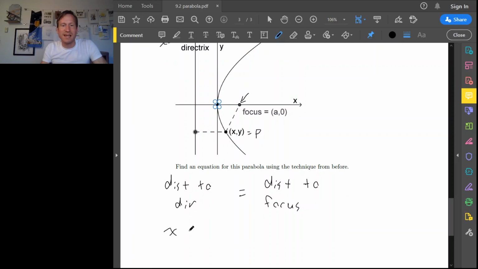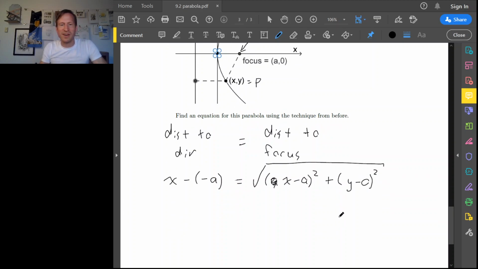So that's going to be x minus the x coordinate at the directrix, which is minus a. And now we can set that equal to the distance from P to the focus, and that's, again, using the distance formula, the square root of (x minus a) squared plus (y minus 0) squared.